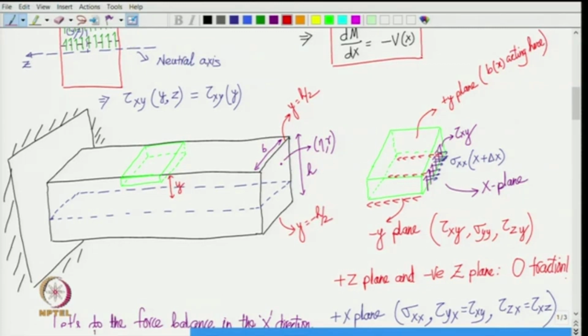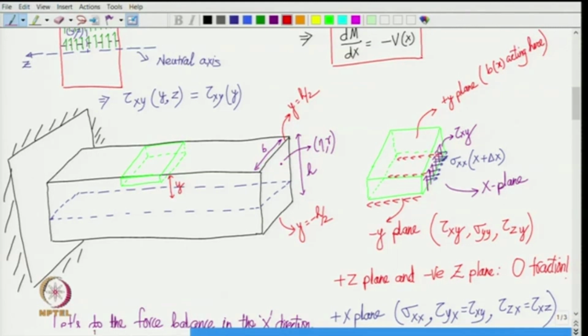But you see these sides also belong to the top surface and the bottom surface, which are your y planes. Now, we said that the distributed load when it is acting is only vertically upward or downward, it has no x component.